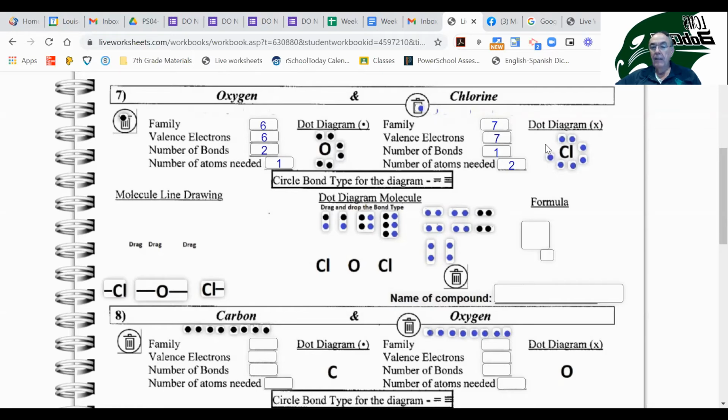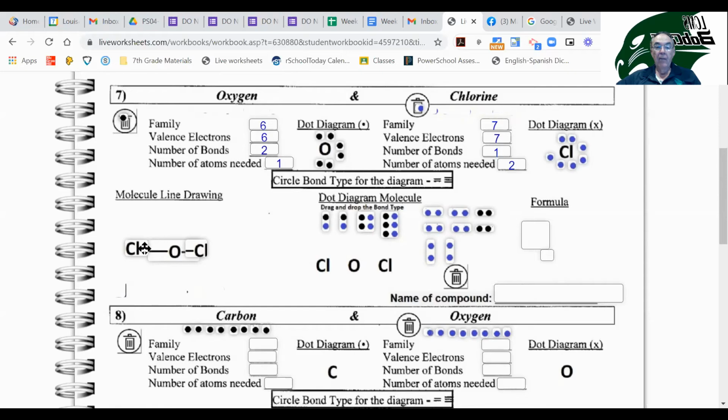The chlorine only needs to share one electron to fill itself up and have 8. So it only needs to make one bond, and it can only share one electron at a time. So it would be single bonding. So when we look at the chart, the way oxygen single bonds is like this. It makes 2 single bonds. So we predicted we would need 1 oxygen. We would need 1, 2 chlorines.